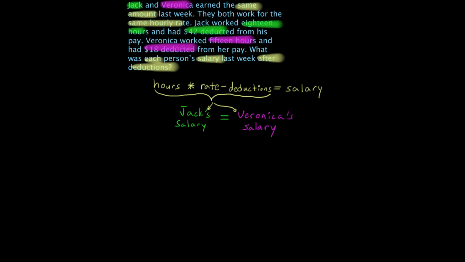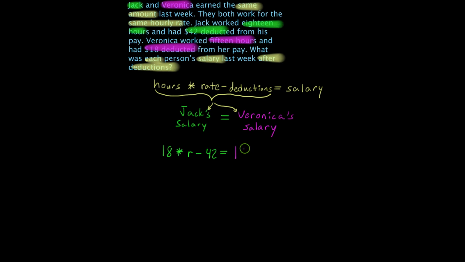So let's get started. Now Jack works 18 hours, so I'm going to write 18 down, and we're going to multiply 18 times his rate or his pay. And that piece of information isn't given to us. We just know that they earn the same hourly rate. So I could call this R for rate or P for pay, whatever you want, and I'm going to subtract $42. And that is equal to Veronica's pay.